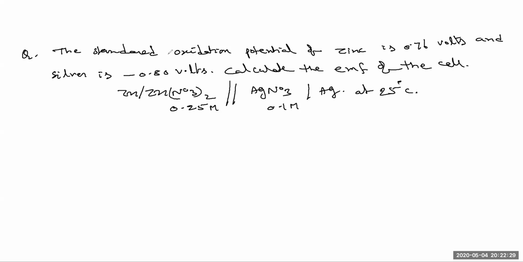So now go for the solution. The standard oxidation potentials of zinc and silver are given; calculate the EMF of the cell. I'll give 2 minutes, solve it and tell the answer, by using the Nernst equation only.